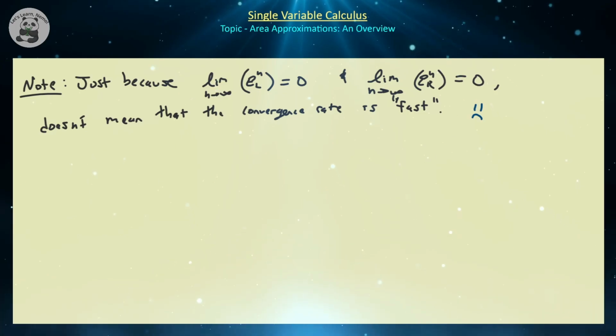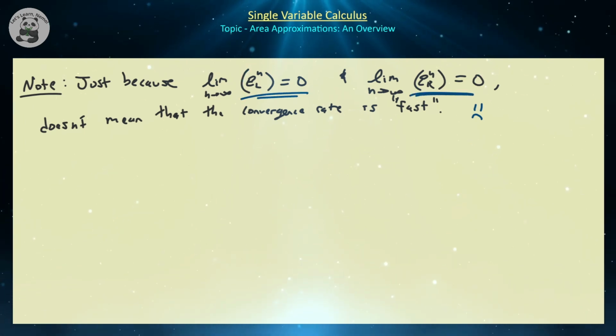So we have our left endpoint rectangle approximations and our right endpoint rectangle approximations and error bounds for both of those approximations. And it's very easy to see that both the limit of left and right as n goes to infinity are both equal to 0. But just because the limit goes to 0 doesn't mean that the convergence rate is fast.